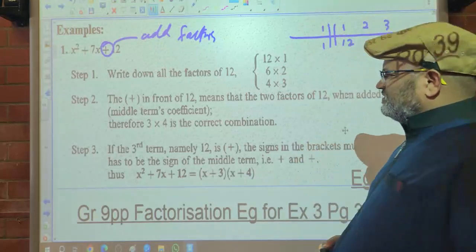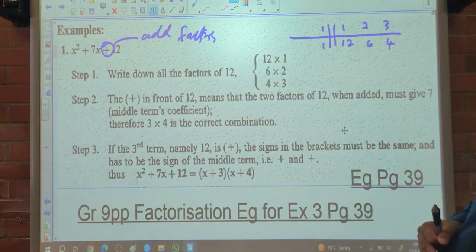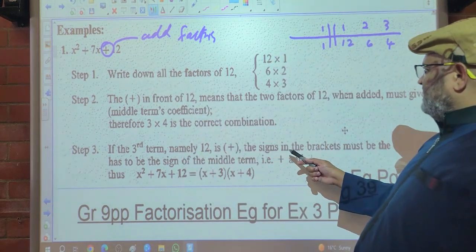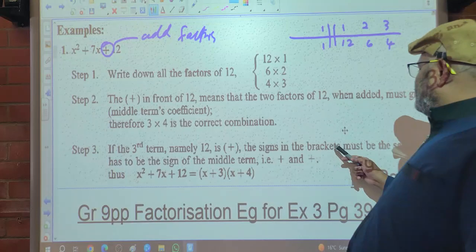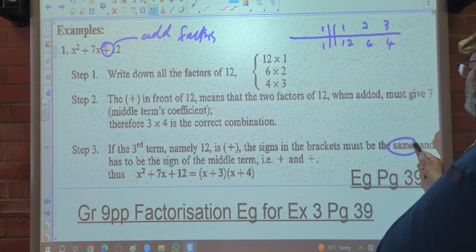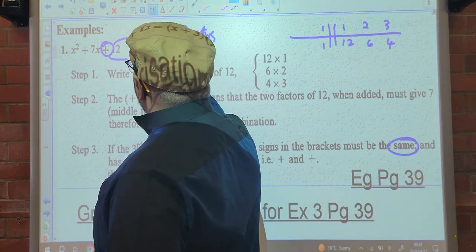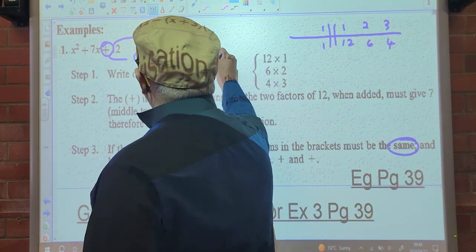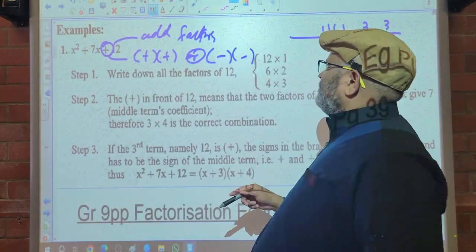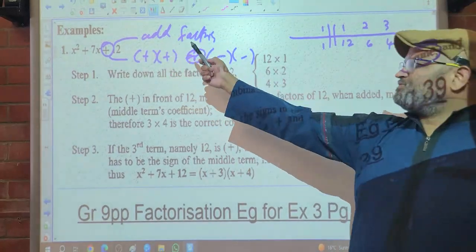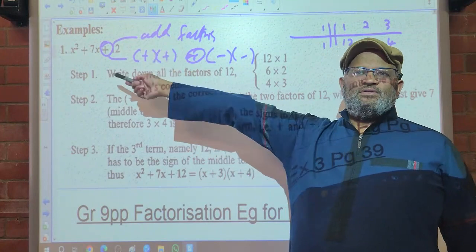Is the correct combination. Step 3, if the third term, namely 12, is positive, then the signs in the brackets must be the same. People, if that is positive, then both brackets must be positive, or both must be negative. Why? Because a negative times a negative is a positive. What's a positive times a positive?